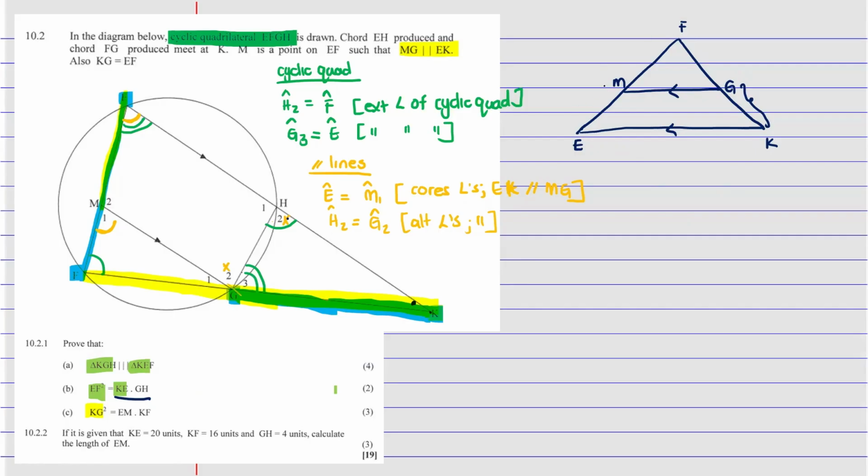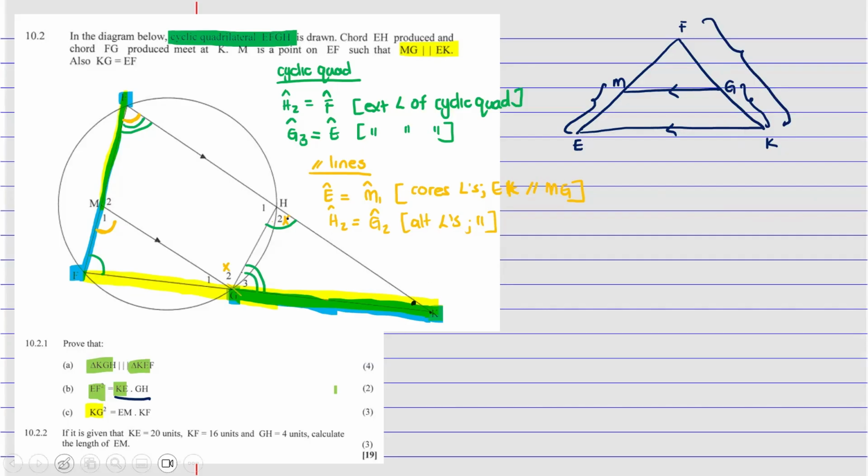EM is going to be this one. You see that already those two are related. Does that make sense? Then the other one, which is KF, is going to be this big one.